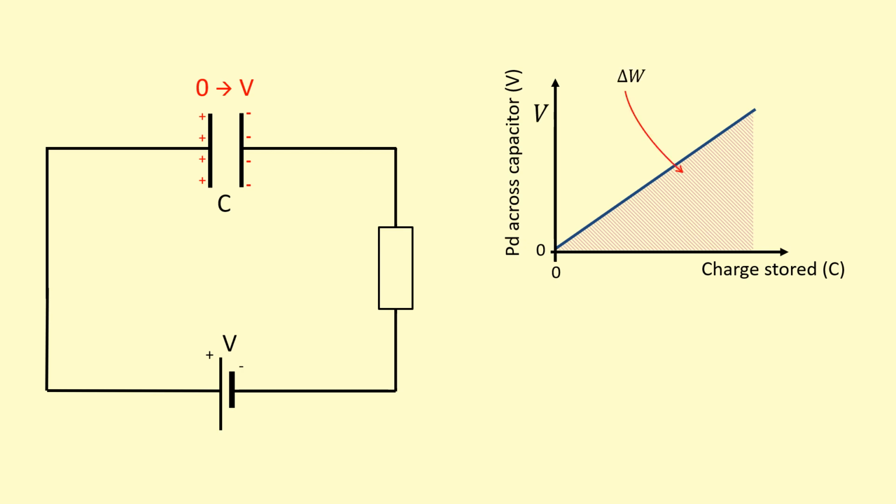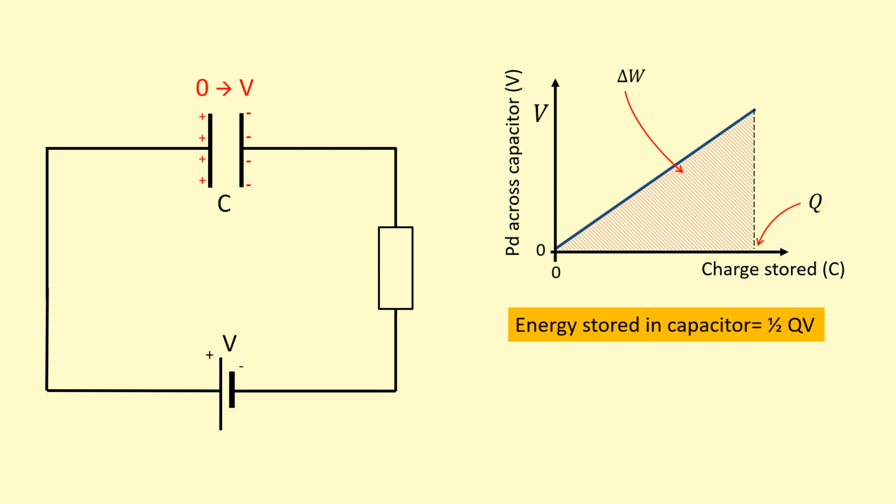You first figure out the maximum charge stored, and as you can see, it's a triangle, so the energy is half Q times V. Only half of the energy supplied by the cell is actually stored in the capacitor.